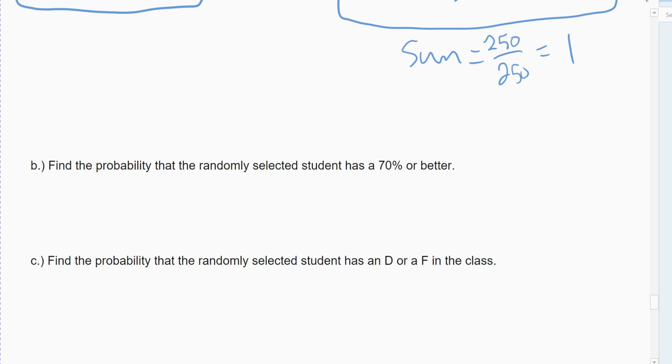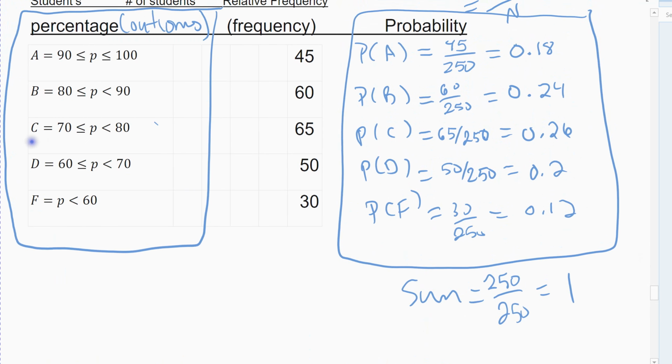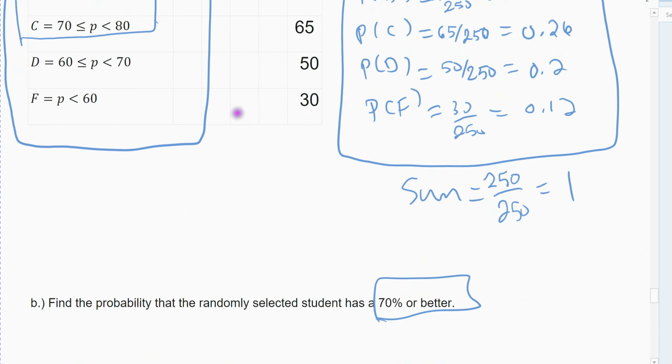Suppose we want to find the probability that if we randomly select a student from this particular class, the student has a 70% or better. That would mean they land in one of those three groups. The event is that they have a 70% to 100%, or better.